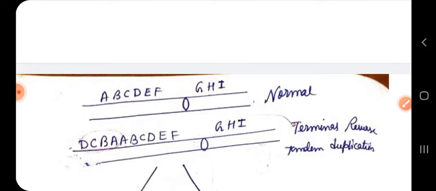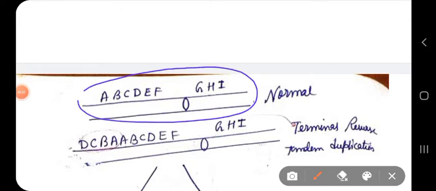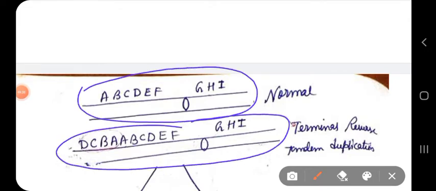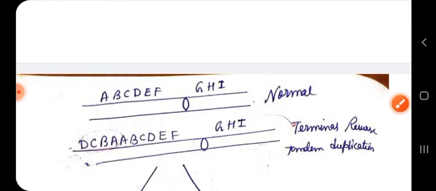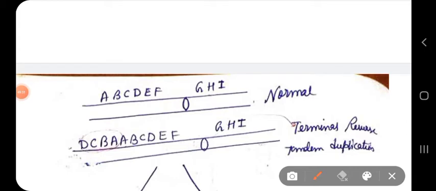So what happened: these two chromosomes are homologous chromosomes, but if you see it clearly, you get this DCBA. What does it mean?